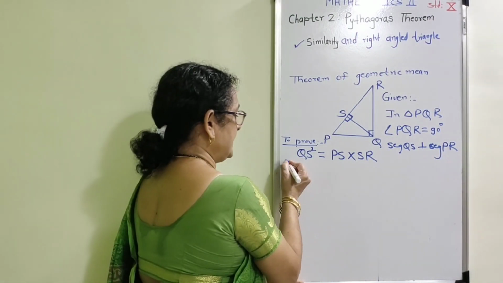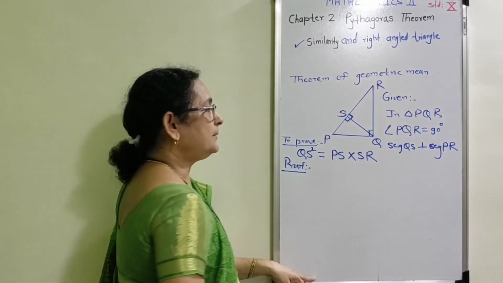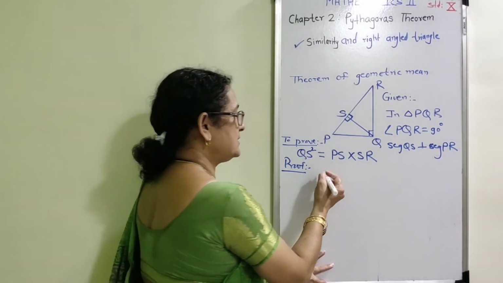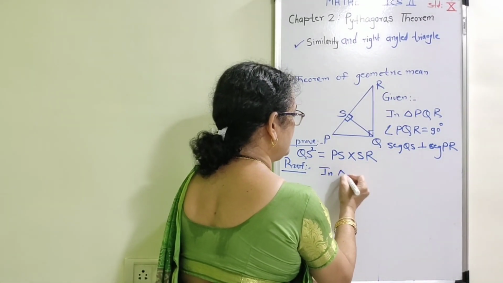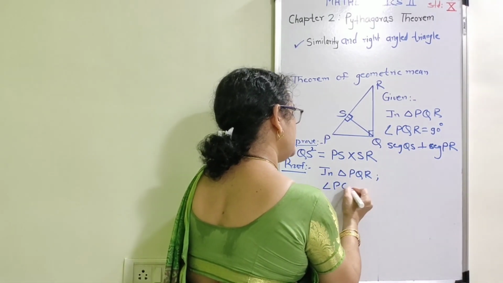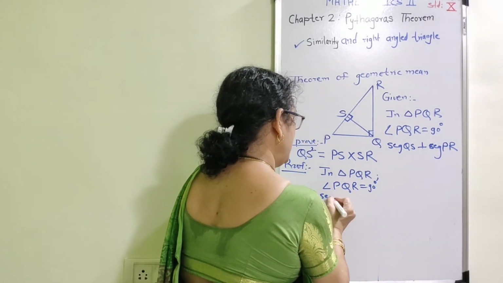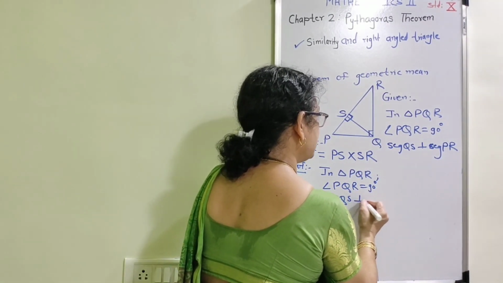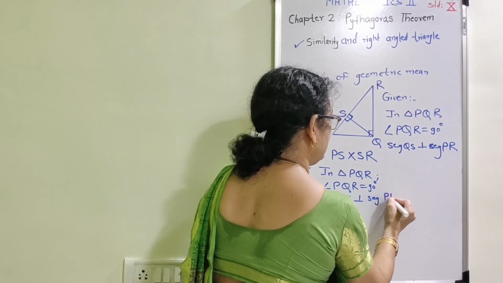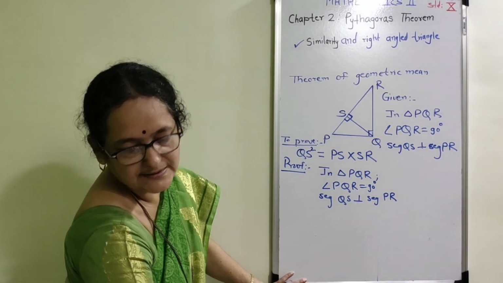If I write the proof here, we are going to write that in triangle PQR, angle PQR is equal to 90 degrees. This is given, and segment QS is perpendicular on segment PR.